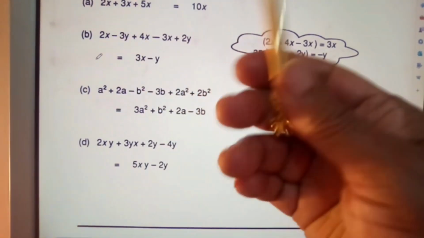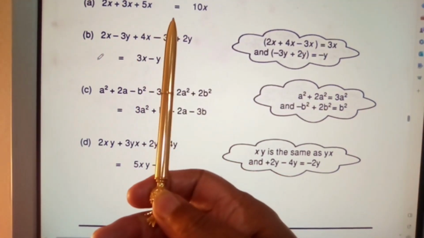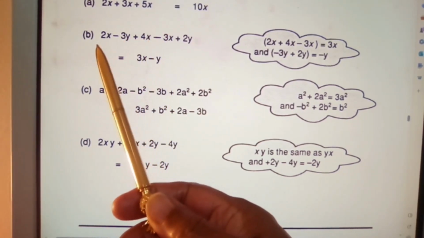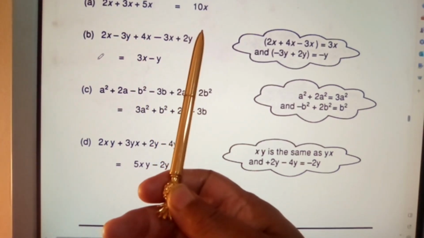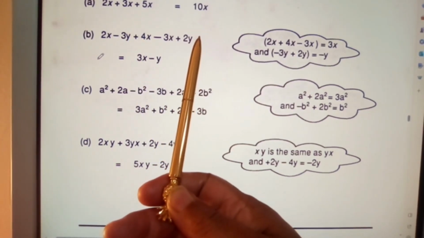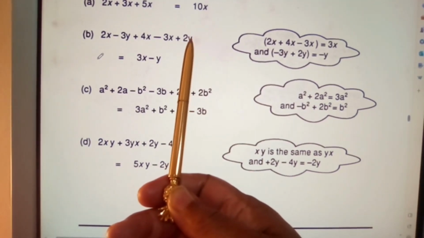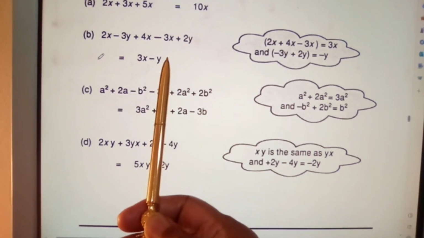I was tempted to move these to one side. Minus 3y plus 2y, the minus and the plus makes a minus, therefore that would leave me y. That's how I'm looking at it.